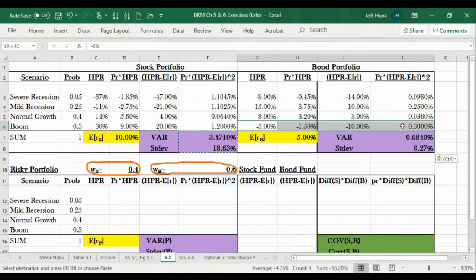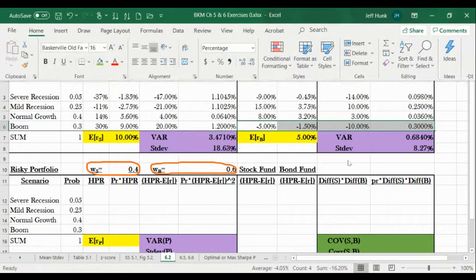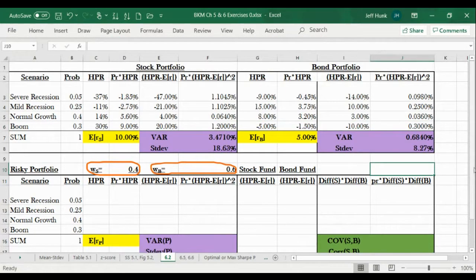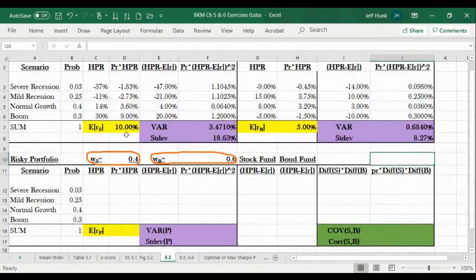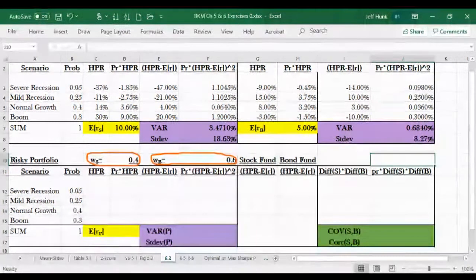And last but not least, a little housekeeping. The bond and stock portfolios separately have 10% expected return and 5% expected return, respectively, and standard deviations of 18.63 and 8.27, respectively.